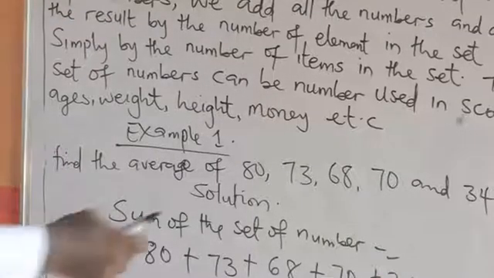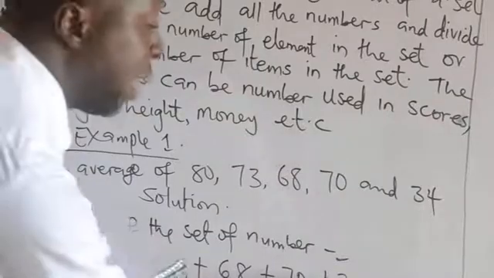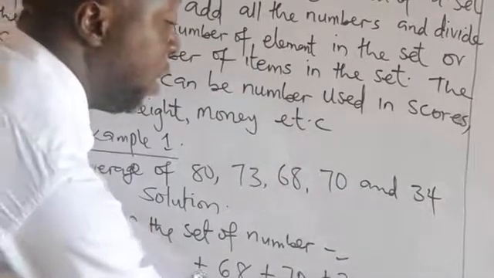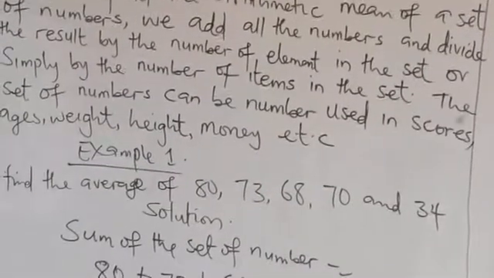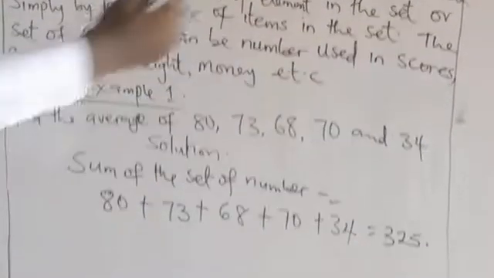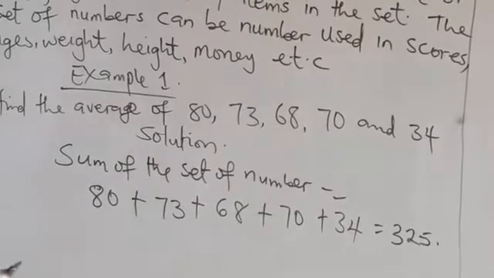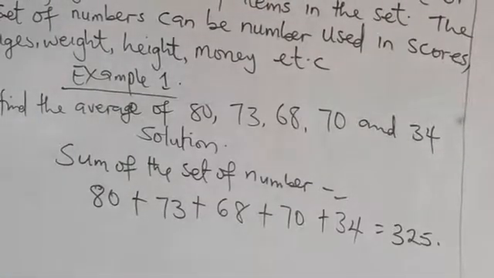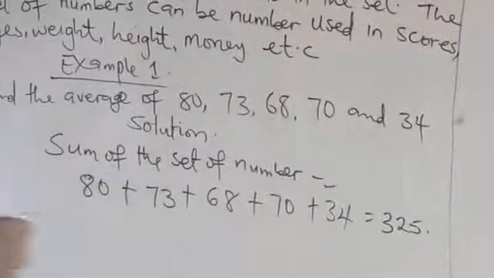If you add these numbers together, you're expected to get 325.